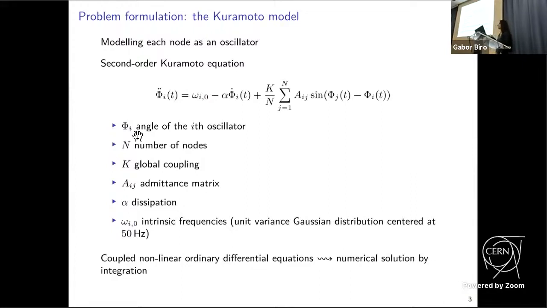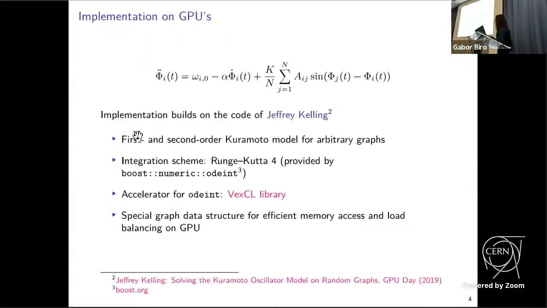And I also told you that there's a Kuramoto equation we need to solve for each node. And as far as power grids go, they can go up to tens of thousands or even millions of nodes if we want to investigate a more complex network. And in order to be able to follow all nodes' phases, we introduced the GPU to start our investigation and our implementation from scratch.